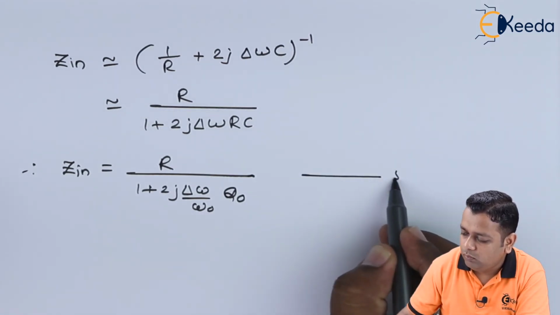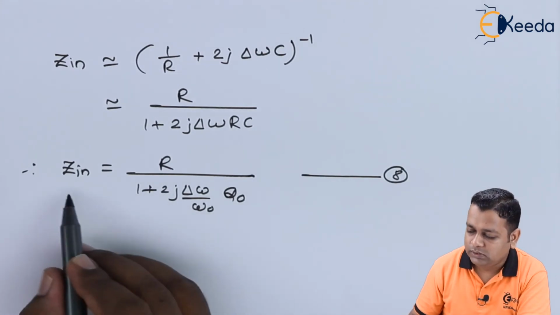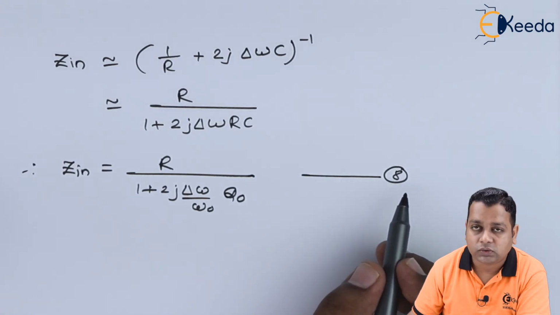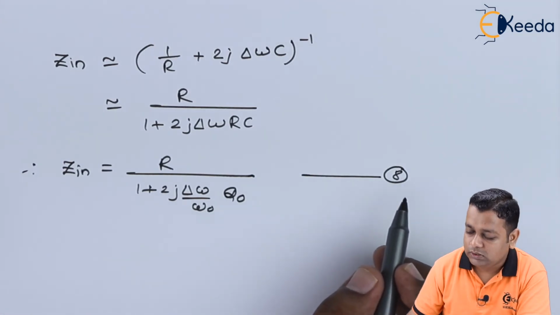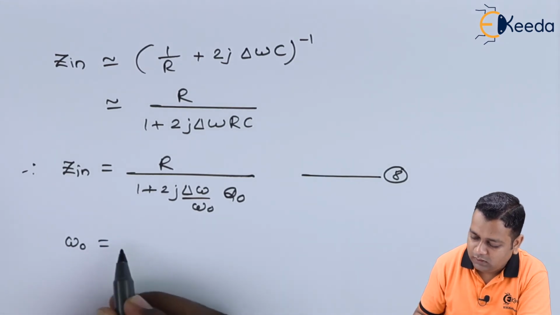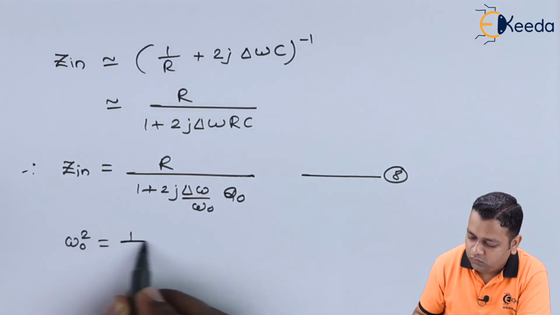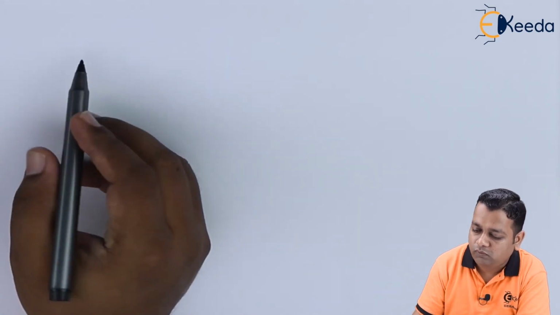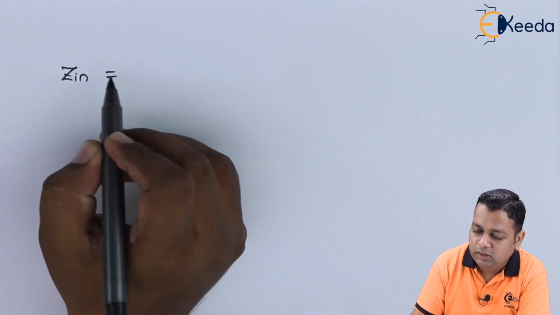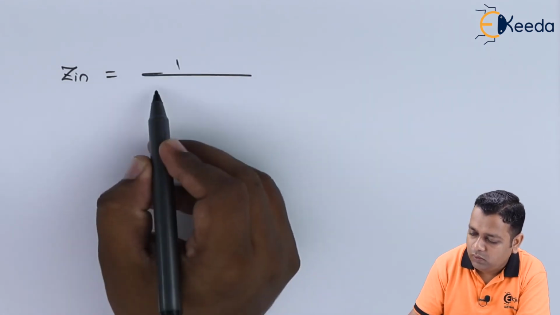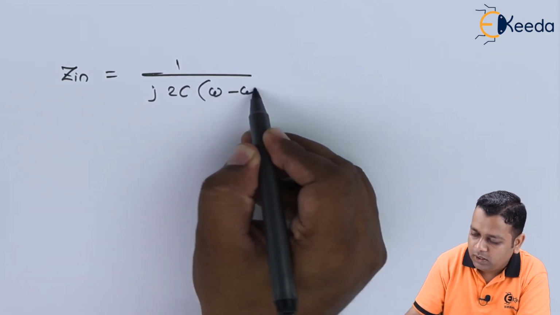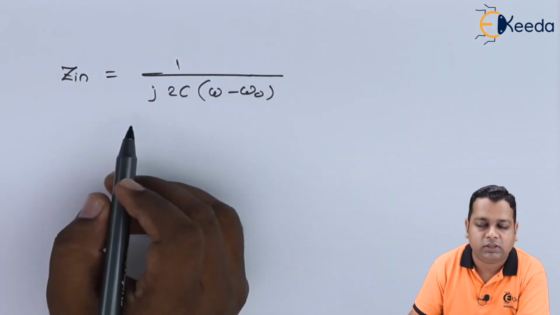Let this form of the input impedance Zin be given as equation number 8, where the resonant frequency omega 0 square is equal to 1 upon LC. So omega 0 square is equal to 1 upon capital LC. When we have the R value to be infinity, the above equation reduces to the form Zin, the input impedance, equal to 1 divided by J times twice C in the bracket omega minus omega 0, the resonant frequency here.